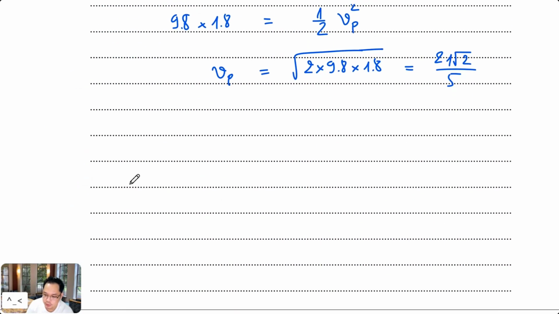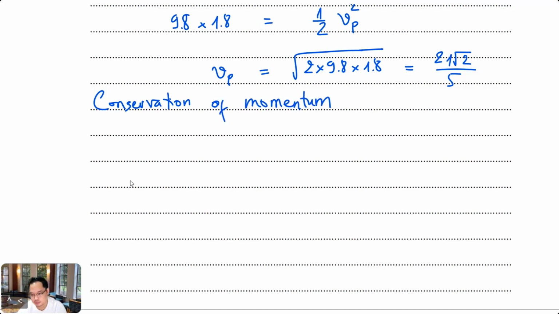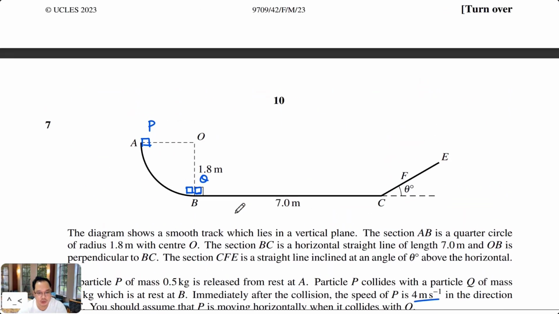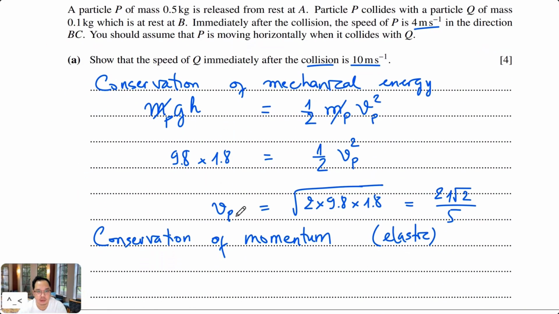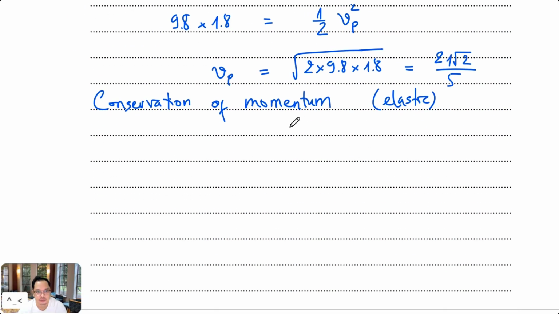The next step, we need to use the conservation of momentum for the collision. This collision is elastic, definitely, because again there is no friction, and therefore the kinetic energy of the two particles before and after the collision is constant, so this collision is called an elastic collision.